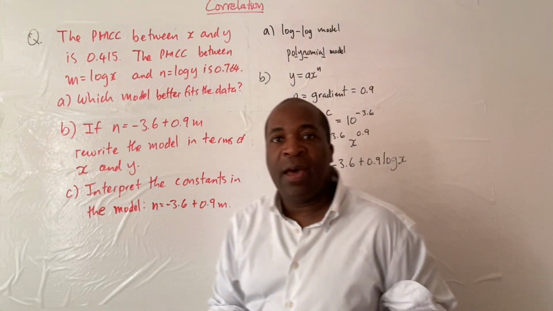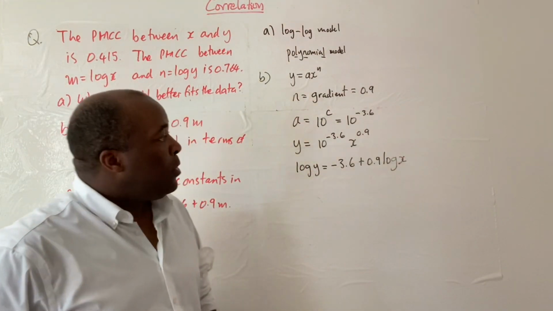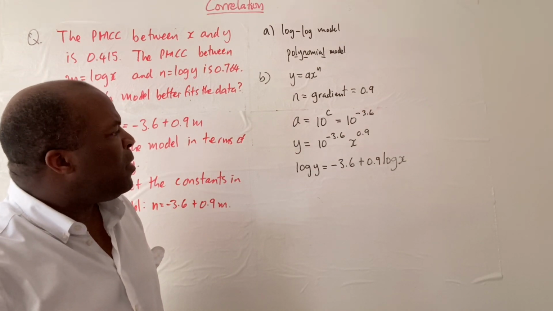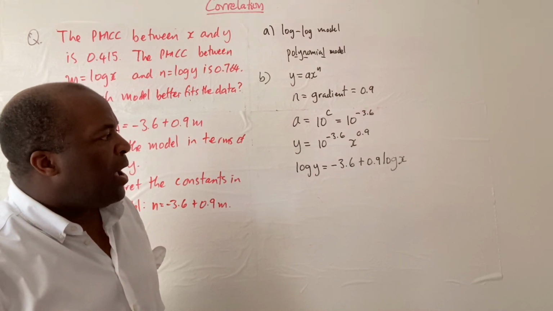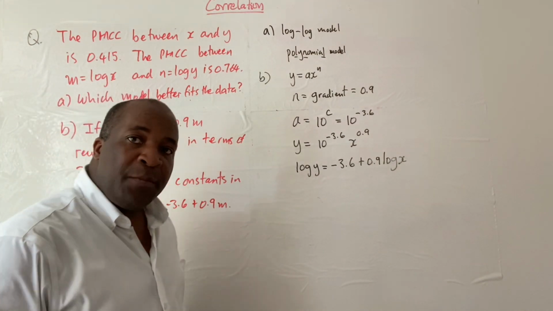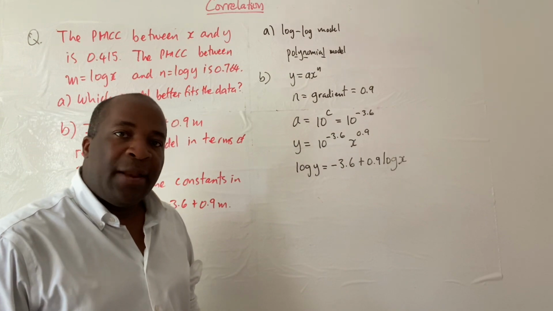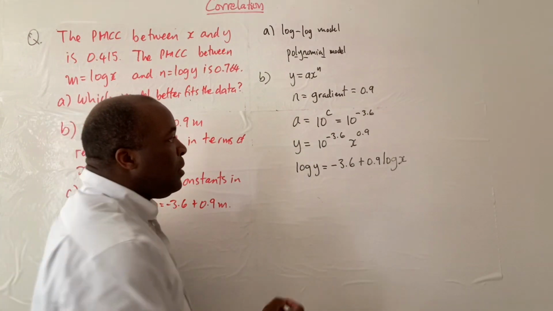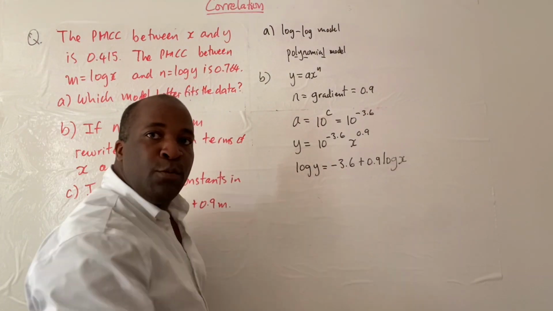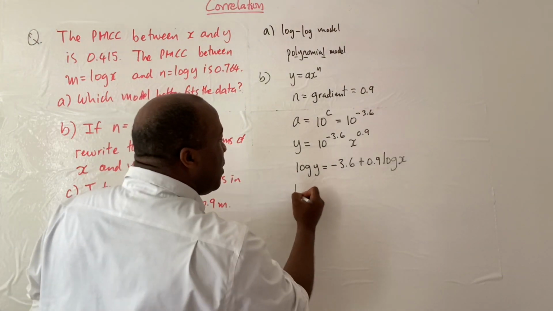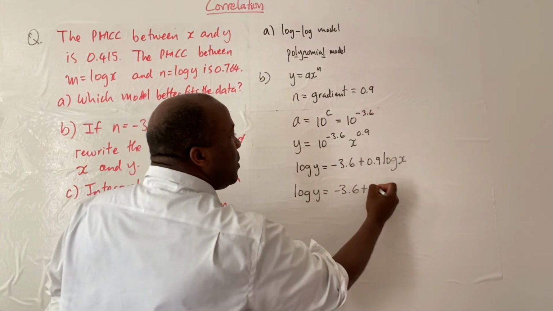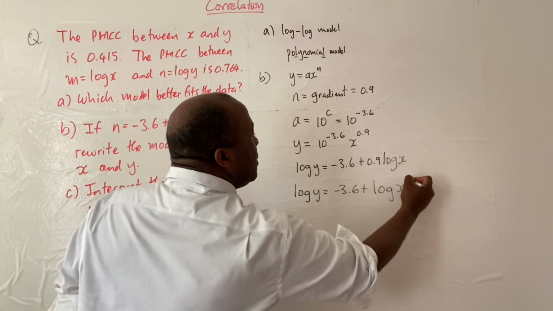So once I have that, I'd probably want to group the log terms and then rearrange from there, use anti-log, and then solve for y. So I will write this as a power of x. So I would use the reverse power rule. So I would have log y equals minus 3.6 plus log x to the 0.9.